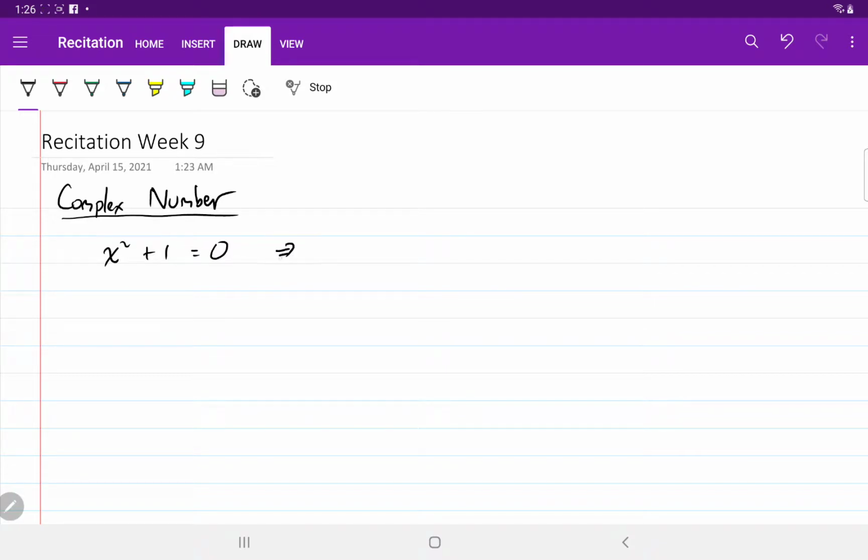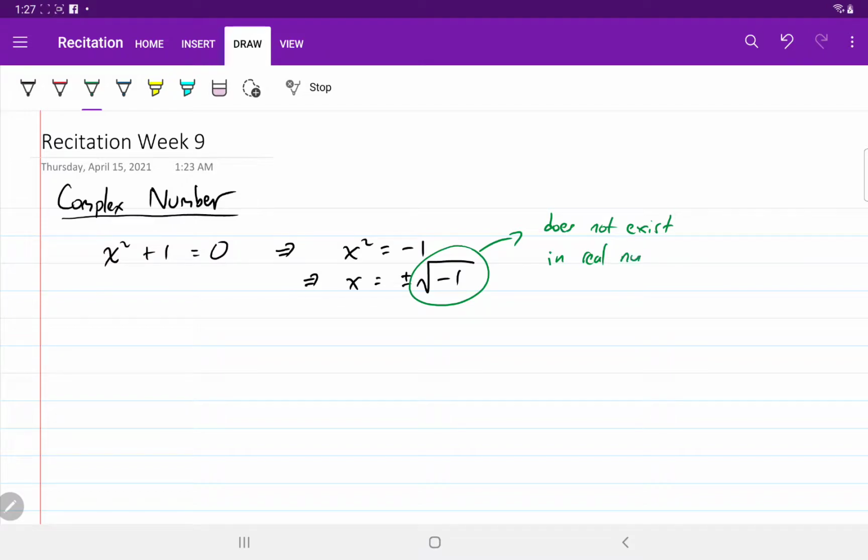Let's see. x squared must equal minus 1, so x should be plus minus square root of minus 1, right? But we know that the square root of minus 1 does not exist in the set of real numbers, right?